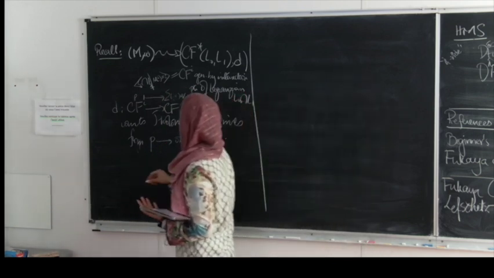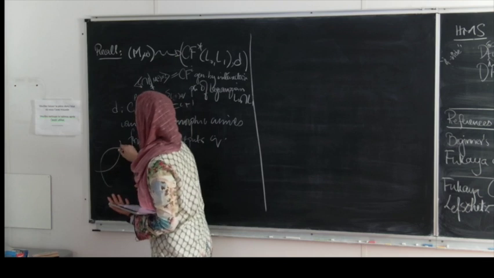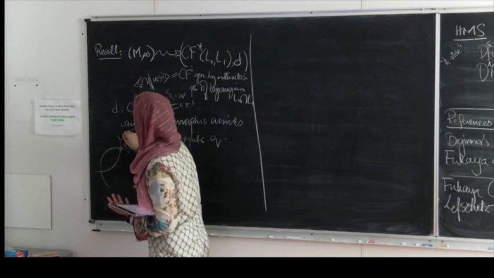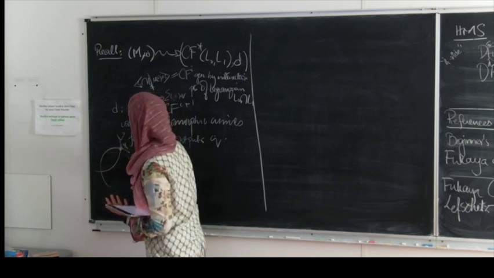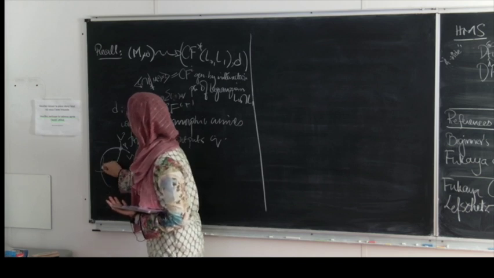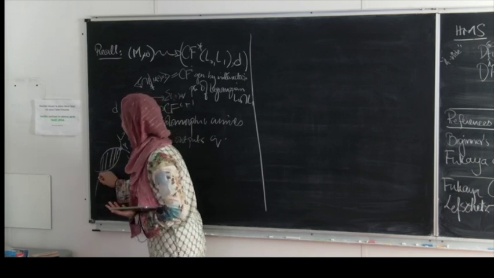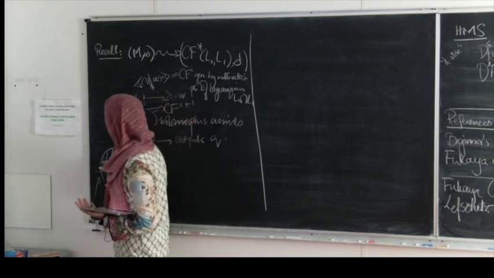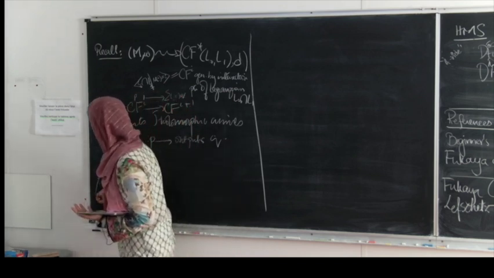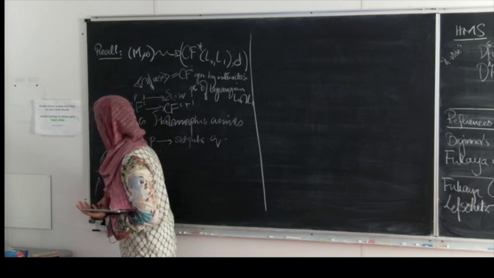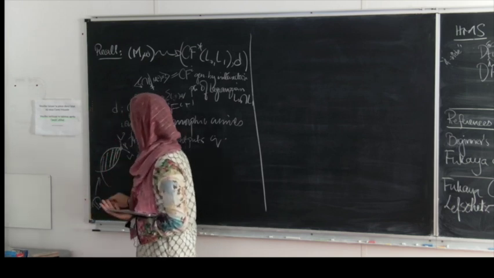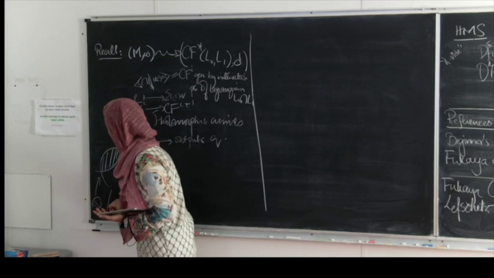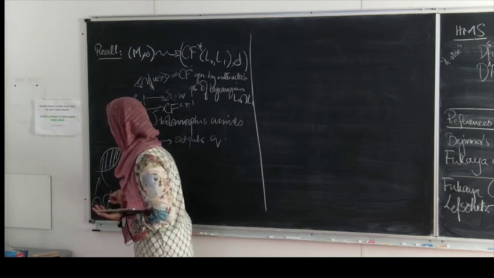What this looks like is something like this. You have a point P here, the intersection between L0 and L1, and you end up counting these oriented J-holomorphic maps from the disk to, so let's say you take the upper half of the disk.